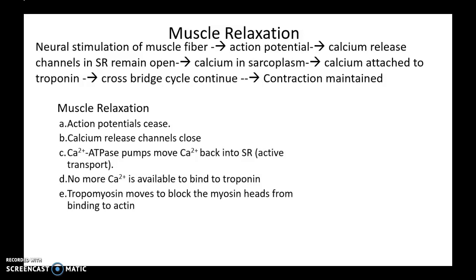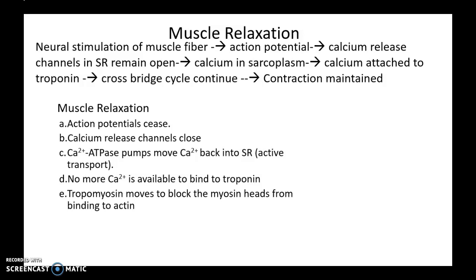And all the calcium that is floating around in the sarcoplasm needs to be resequestered back into the sarcoplasmic reticulum by active transport, meaning calcium will be transported back into the sarcoplasmic reticulum via calcium ATPase pumps, which requires ATP to move calcium against the concentration gradient.